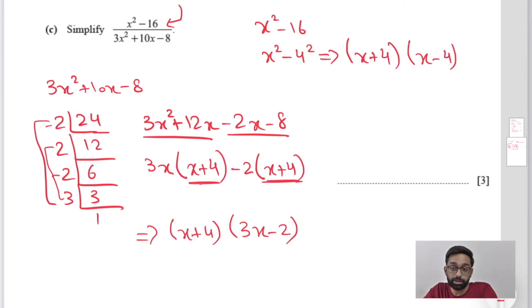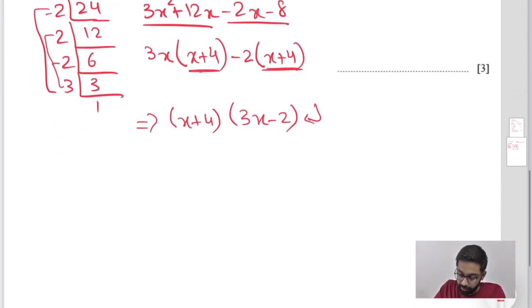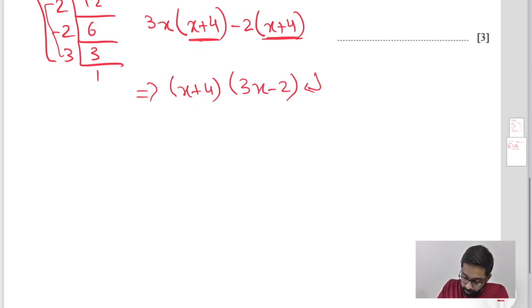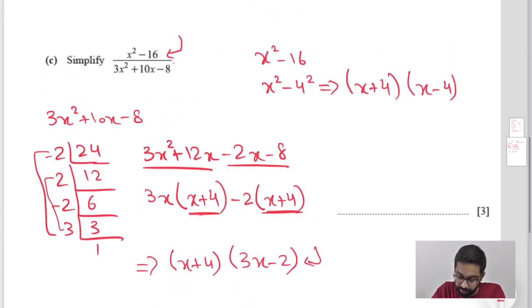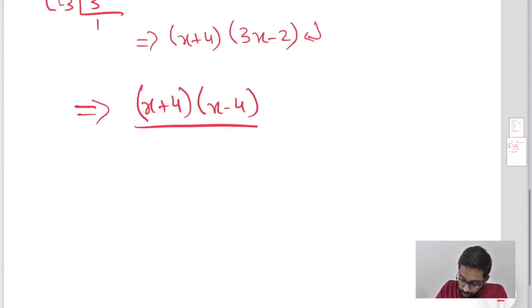Of course, the question is not done yet because we just factorized the numerator as well. Now we need to simplify it. So at the top, if we just write the factors, we would have x plus 4 and x minus 4. That is the factorized version of the numerator. And for the denominator, you would have x plus 4 and 3x minus 2.